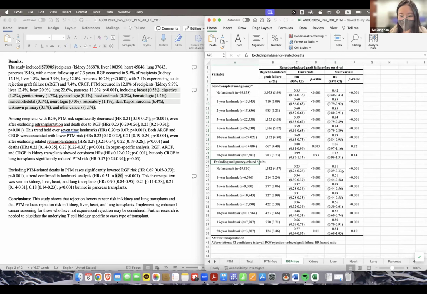Once you exclude deaths, you see a clearer inverse relationship. The thing is, the 20-year landmark is not significant, so I only mentioned 1 through 15, and that's what I have here.